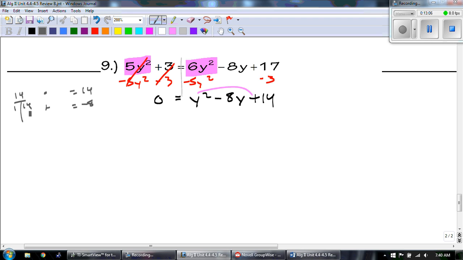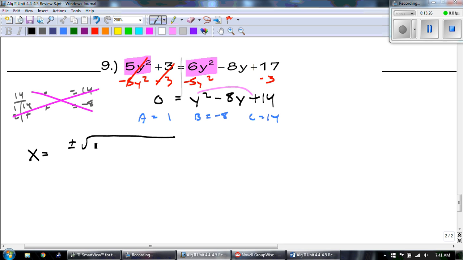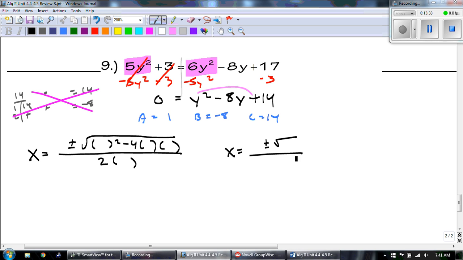That's 1 and 14, 2 and 7, and no. Okay, so A equals 1, B equals -8, C equals 14. Guys, you are on your own, okay? Opposite of B, plus or minus the square root of B squared minus 4AC, all divided by 2A, okay? Once again, I'll meet you on this step. All right, pause the video. Good luck.